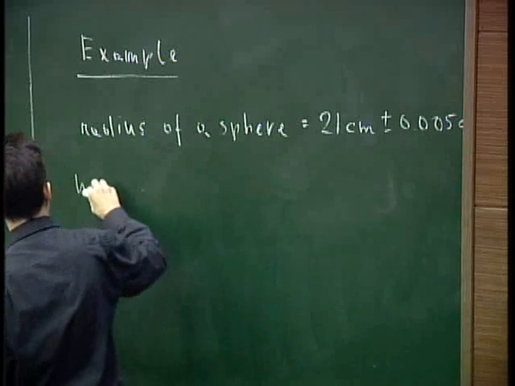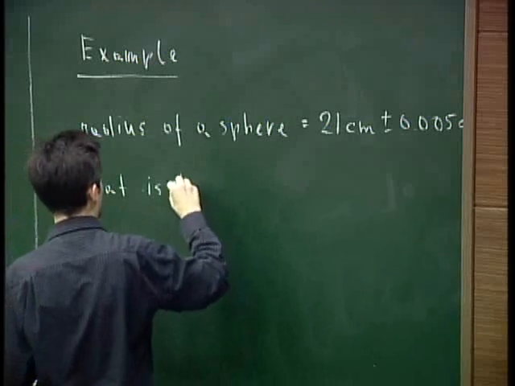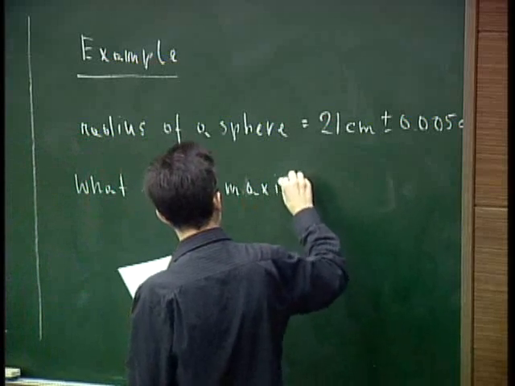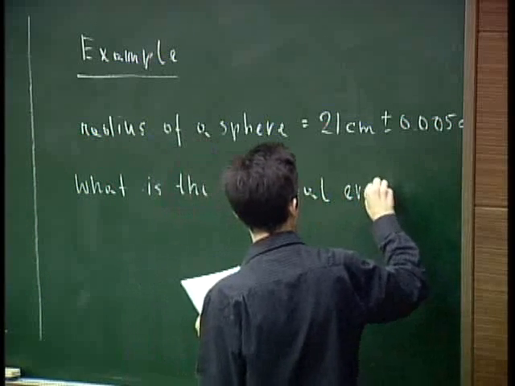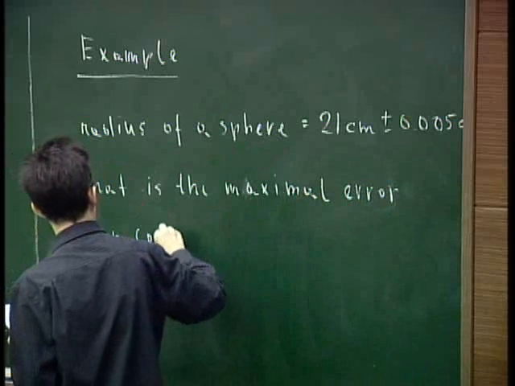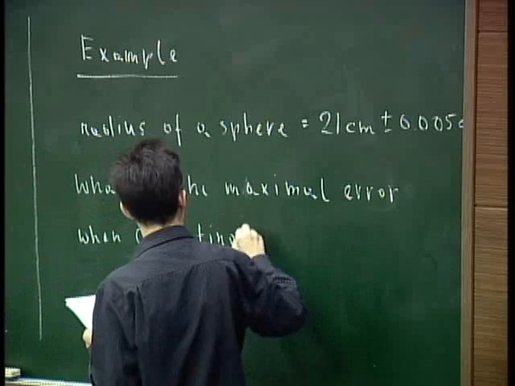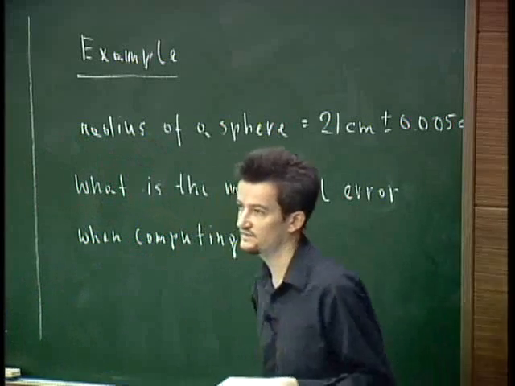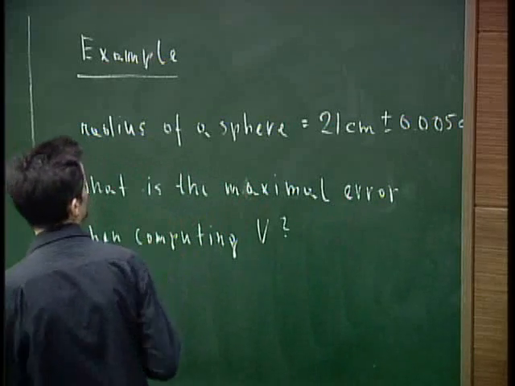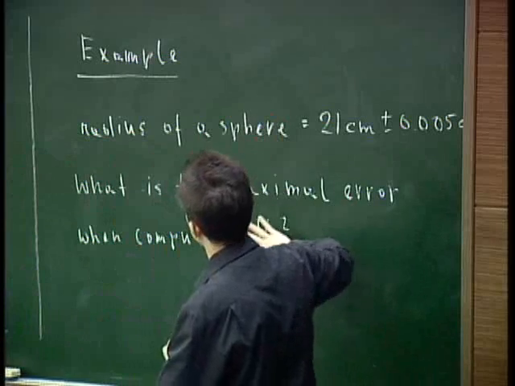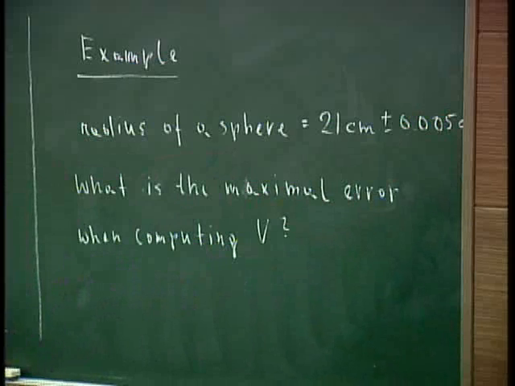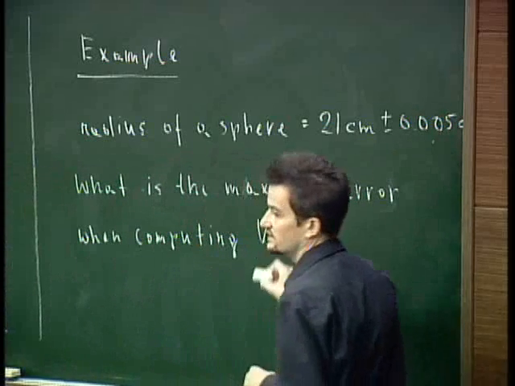And the question is, what is the maximal error when computing V? These are the typical questions. We have some relationship between two quantities. We measure one of them, and we have some error, and we are interested in what is the impact of this error on the quantity V.